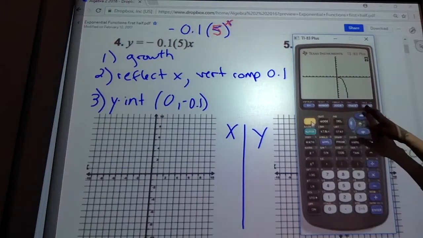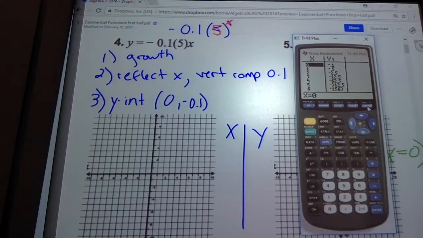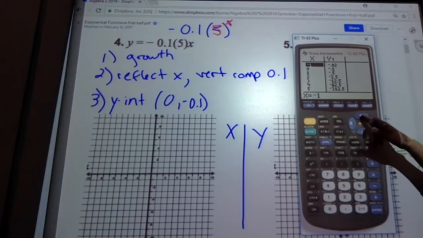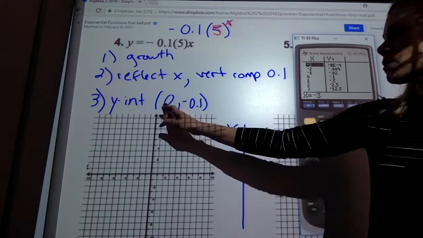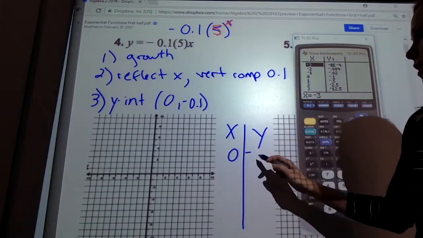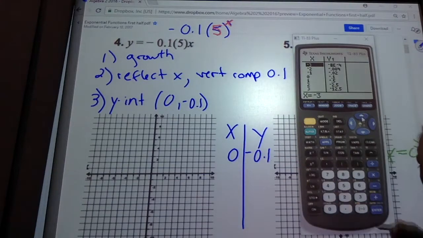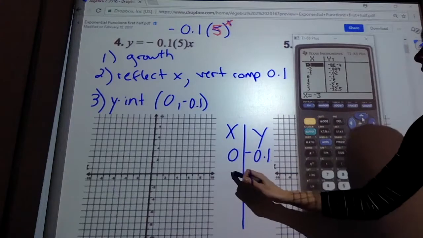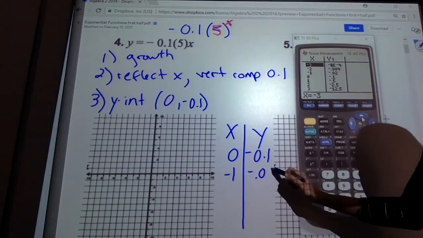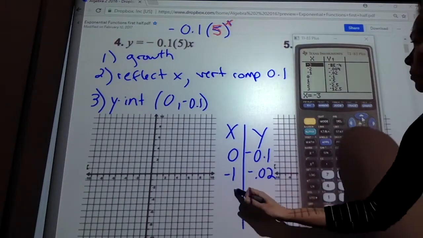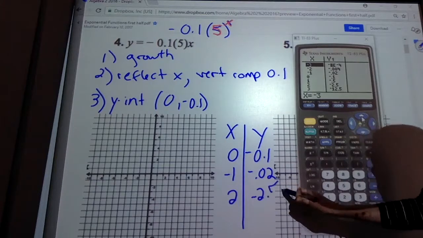For the second graph, you'll probably need 3 points to graph. And it's going to be a lot of decimals when you're graphing. You're not going to have nice integer points. So we know 1 point already, the y-intercept, 0 and negative 0.1. Some other good points would maybe be negative 1, negative 0.02, and 2, negative 2.5.